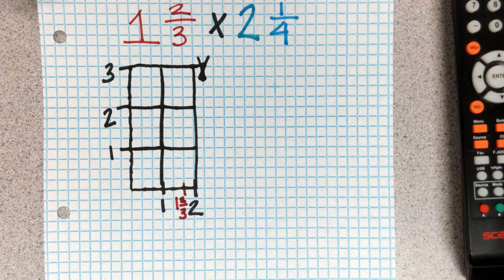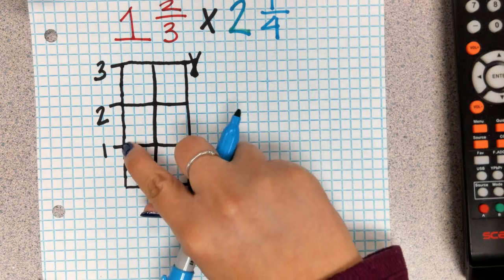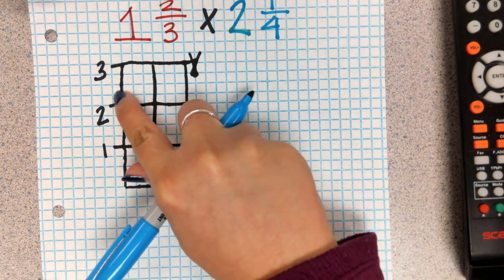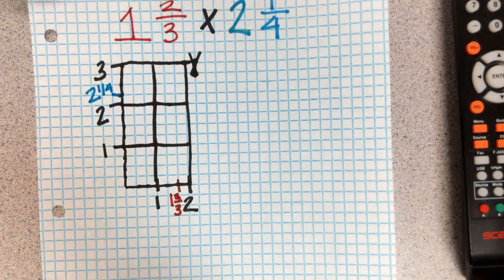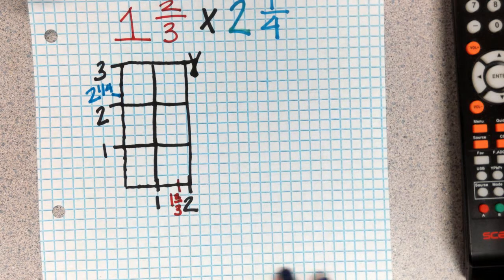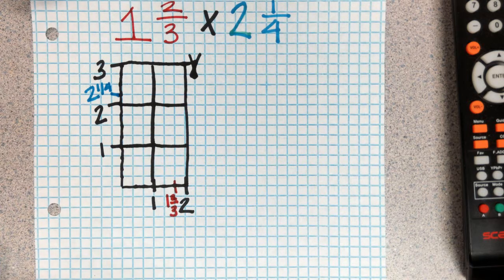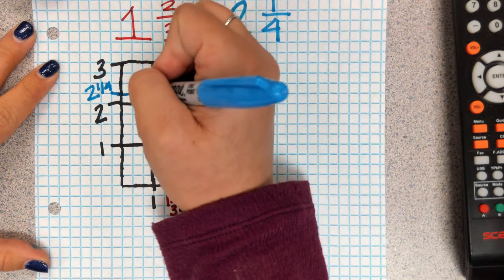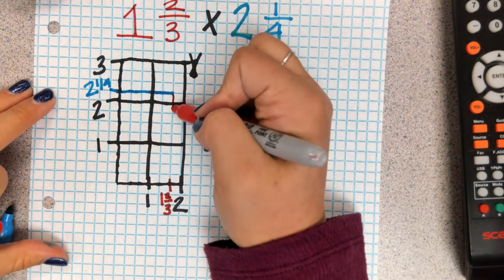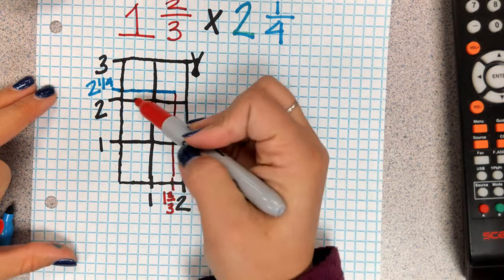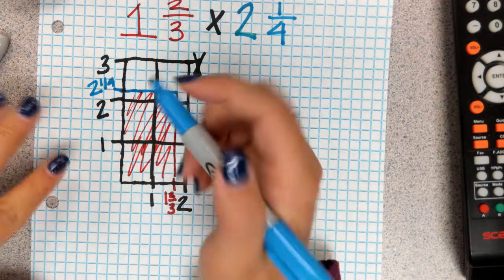On my left side, I'm going to show 2 1/4. Now, in my area model, I'm going to combine my 1 2/3 with my 2 1/4. And this is now what I have shaded in. This is the area.